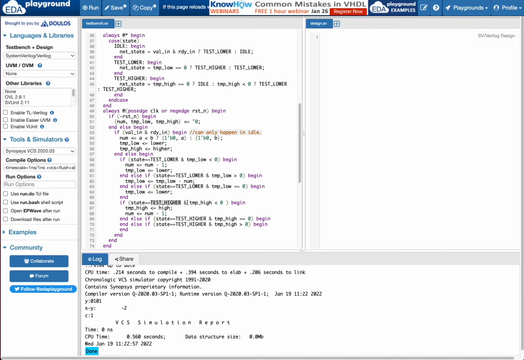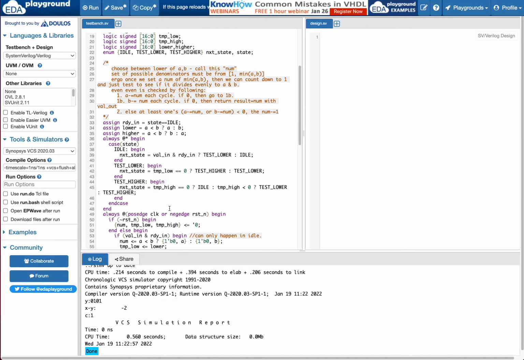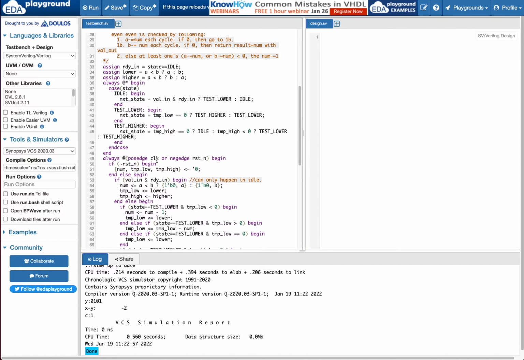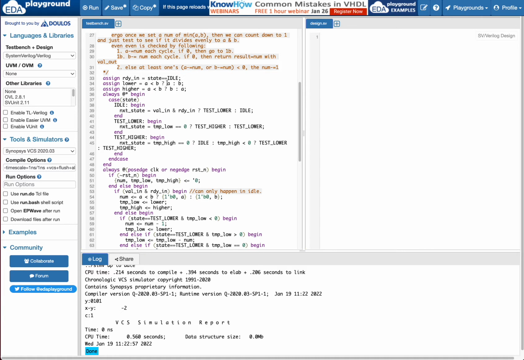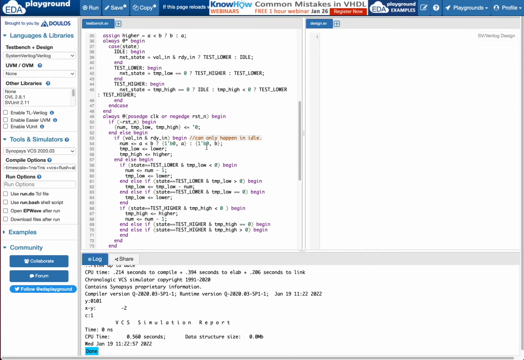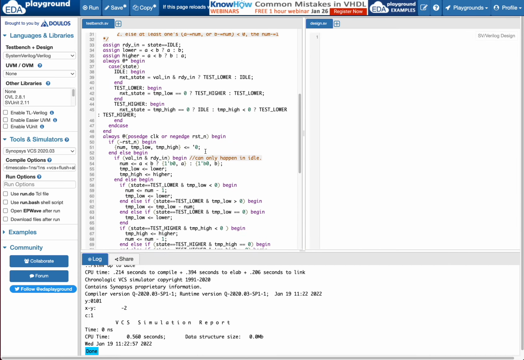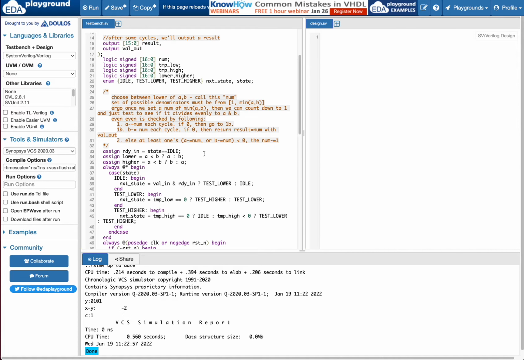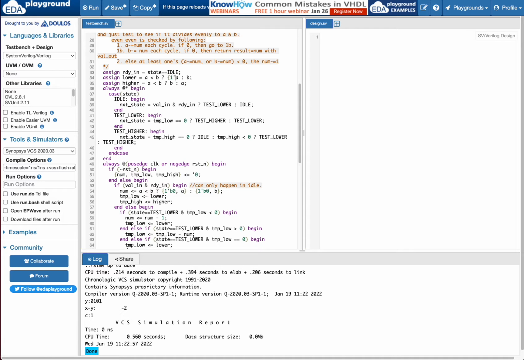So anyway, yeah, this doesn't divide, and so num is just going to go back to higher. And because lower and higher are 16 bits, this might not be necessary, but might be good and safe.